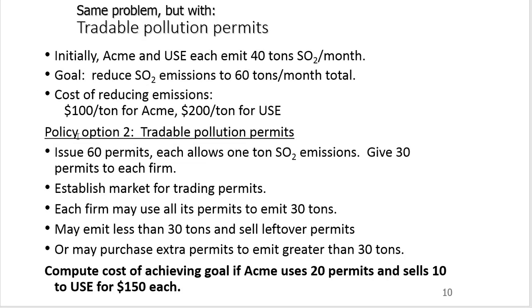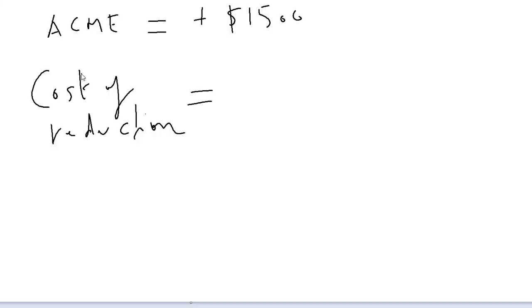Okay, so you'll notice that they were emitting 40 tons, they have permits for 20, so they're going to have to reduce their emissions by 20 tons. So you have 20 tons of emissions that have to be reduced, and then you have $100 per ton as the reduction cost. So it's going to be 20 times 100, which is in fact $2,000.